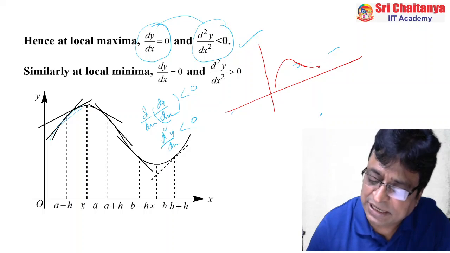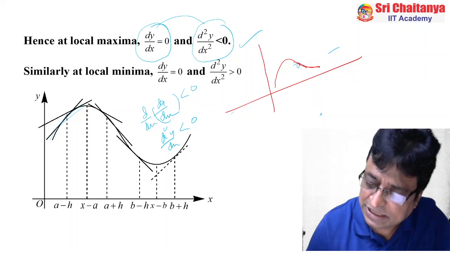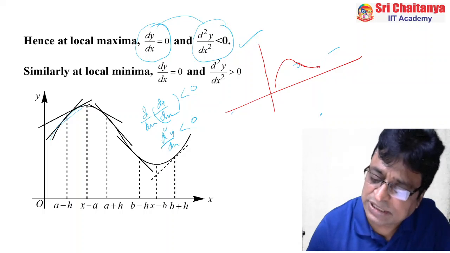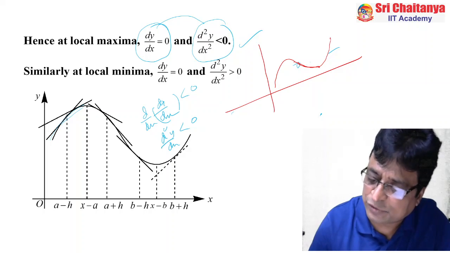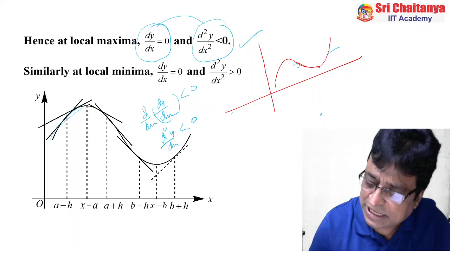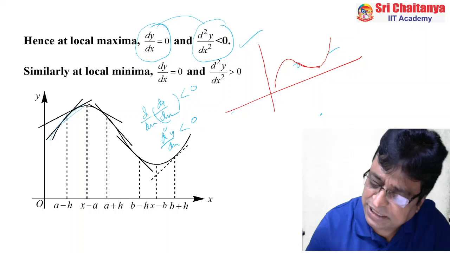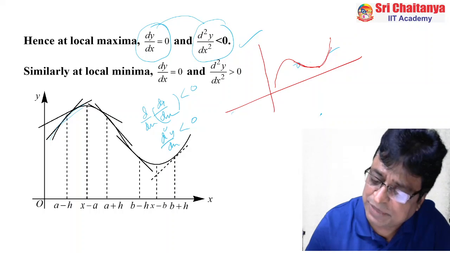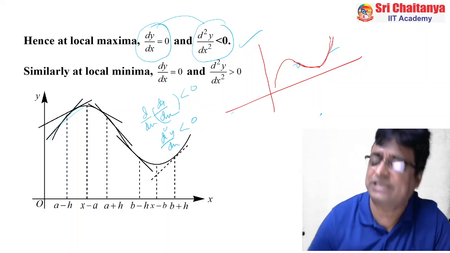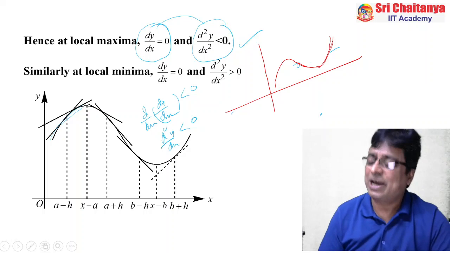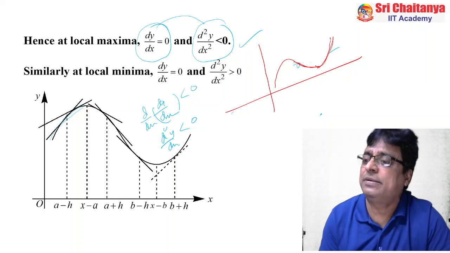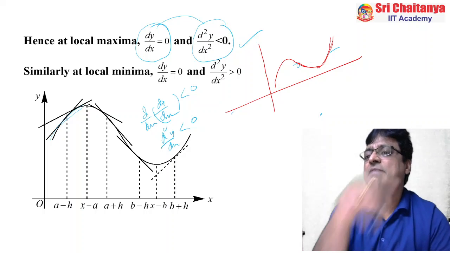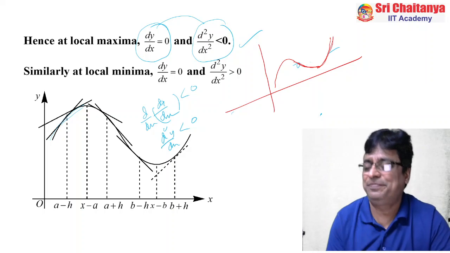After that, if the derivative is increasing, the second derivative is greater than 0. So whenever dy by dx is less than 0, then dy by dx is equal to 0, and after that d square y by dx square is greater than 0, the curve goes like this. At this point, the function has a minimum, a local minimum.